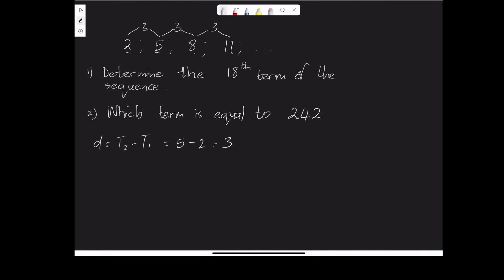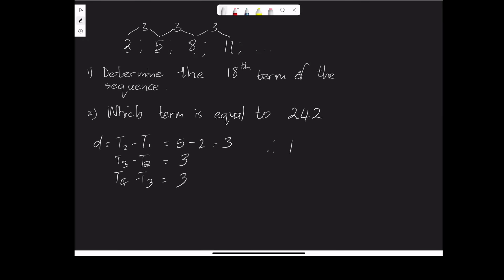We also did T3 minus T2, and that also gave us 3. So we can deduce that it is an arithmetic sequence. We would have done the same with T3 minus T2 and T4 minus T3 as well, which also gave us 3. So, therefore, this must be an arithmetic sequence.